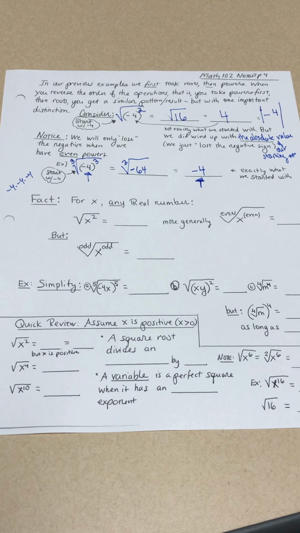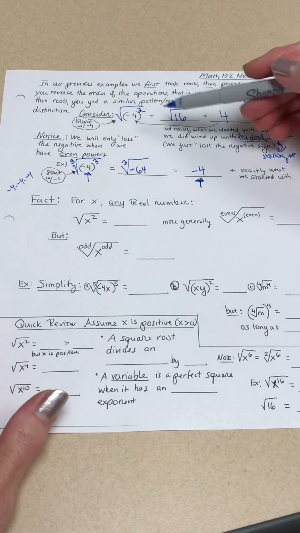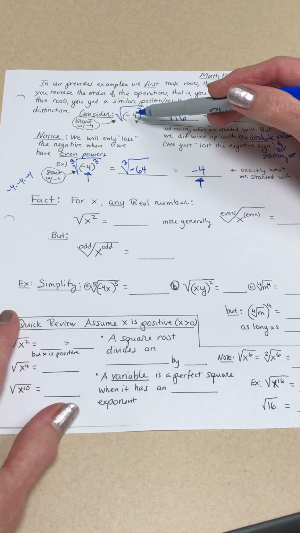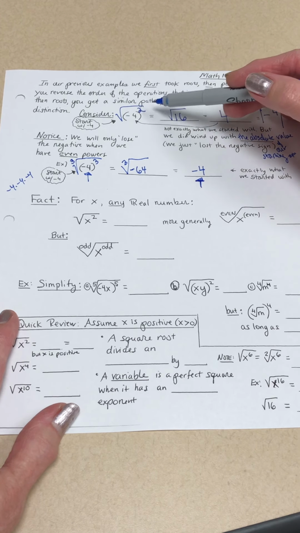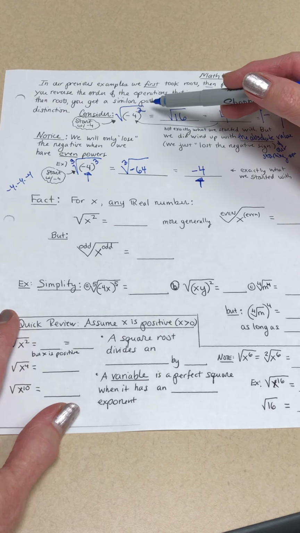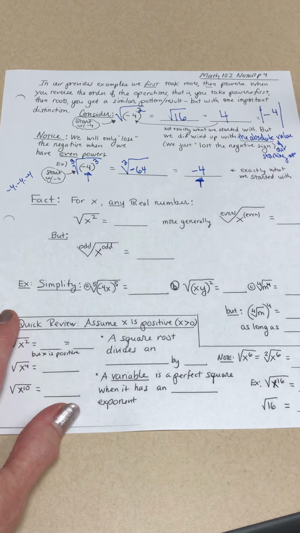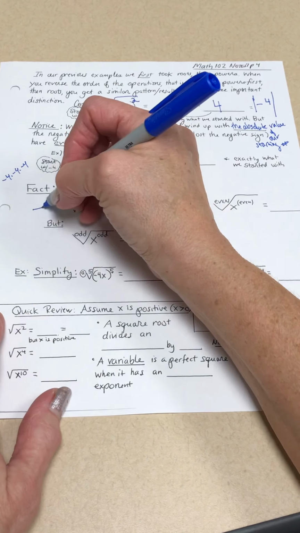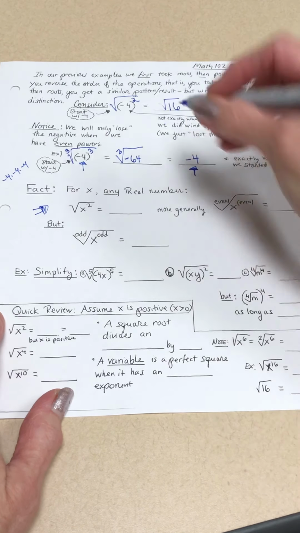So this weird thing of losing the negative sign of the original base only happens when you apply the power first, and it has to be an even power, and then you take the square root. So this is something that's extremely important.